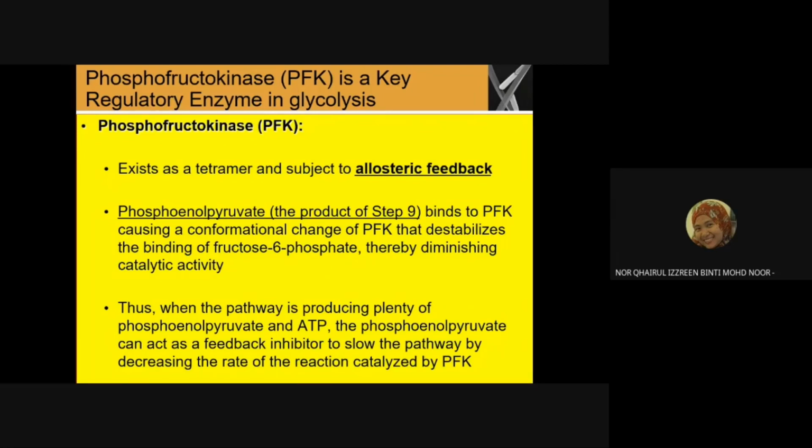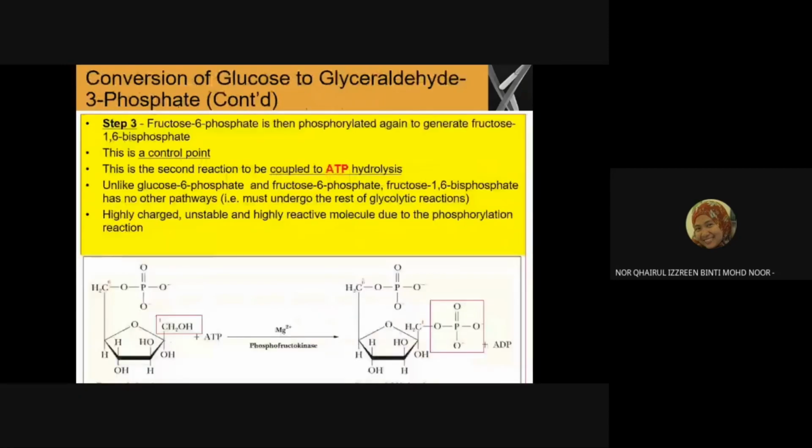When the pathway is producing plenty of phosphoenolpyruvate, it acts as a feedback inhibitor. Remember what a feedback inhibitor is: it slows down the pathway and decreases the rate of reaction catalyzed by PFK, meaning it slows down step number 3.